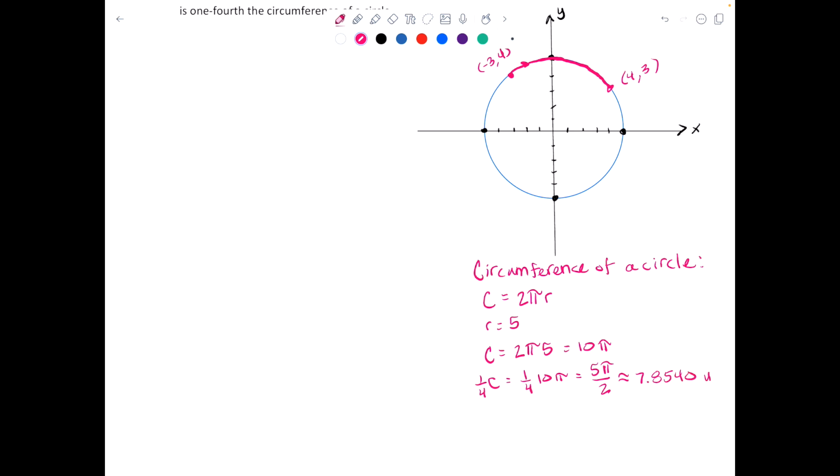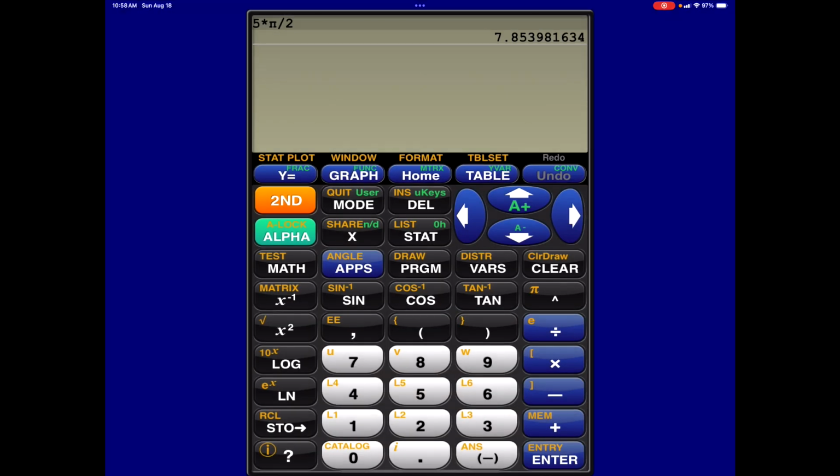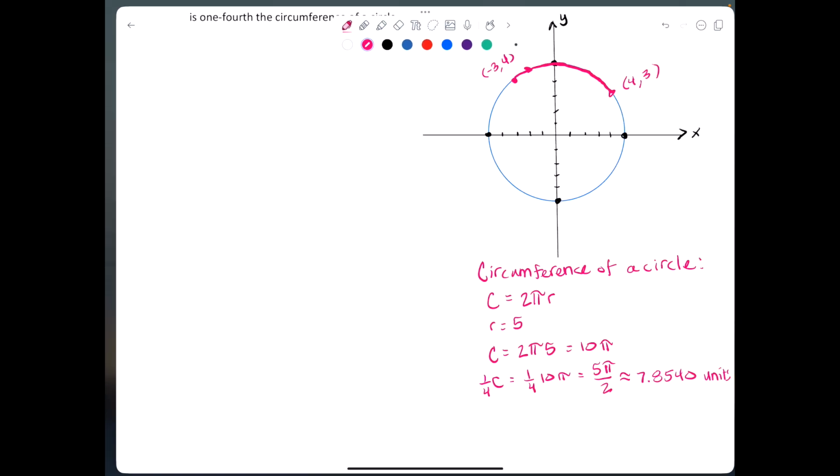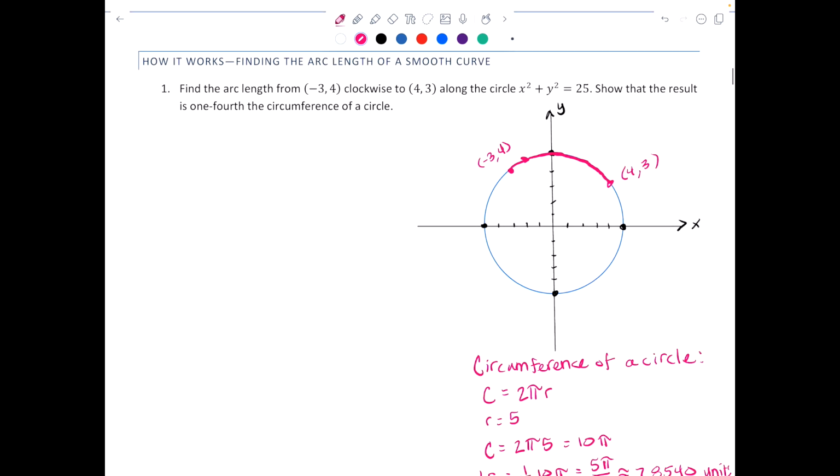And that would be just in units, because arc length is not area, it's a linear measure. Okay, good. Making sure I wrote it down right. So that's what we want to match. Now let's use the calculus way.